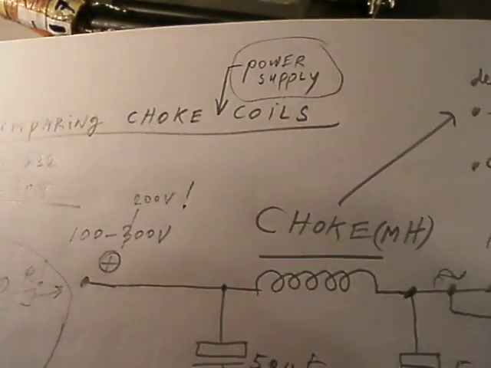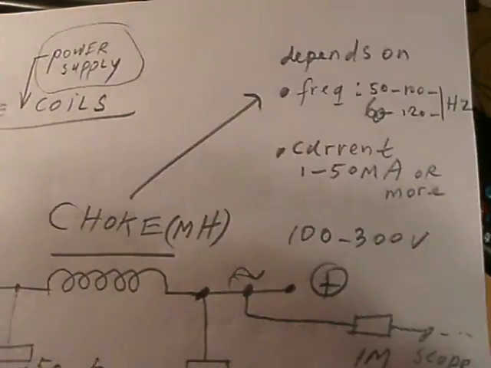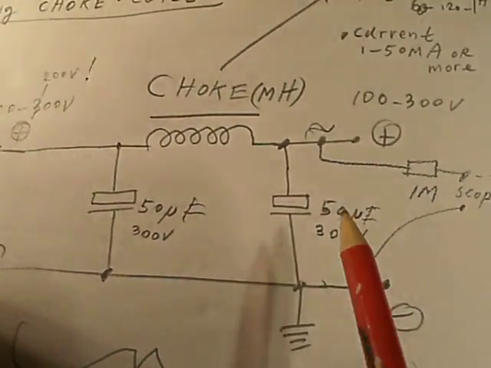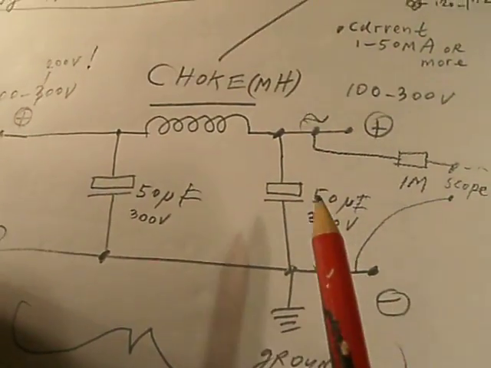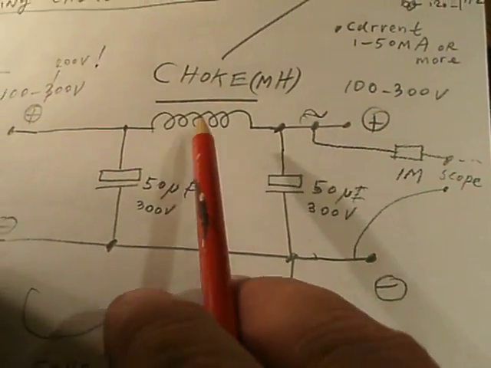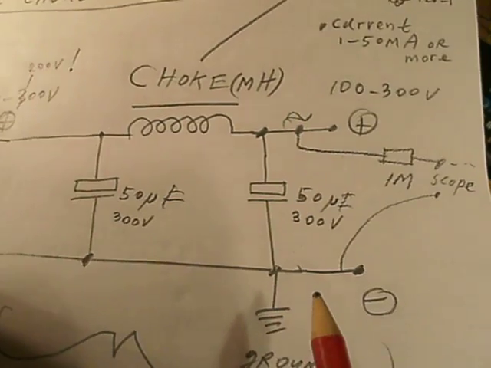So in this video I only want to show how you can find out such a coil, and that you don't have to buy expensive coils to get good results.